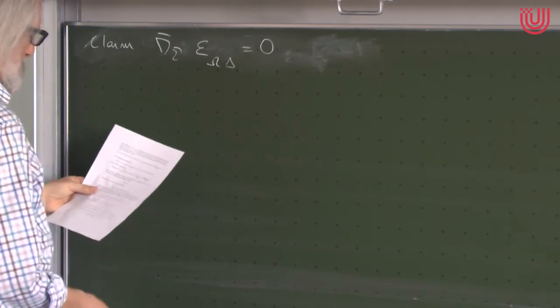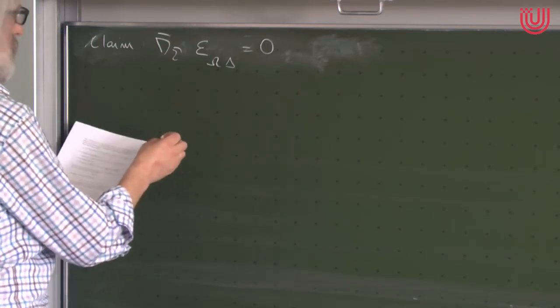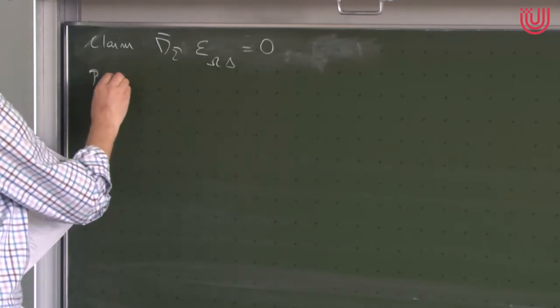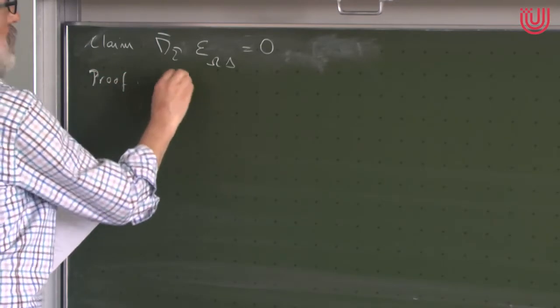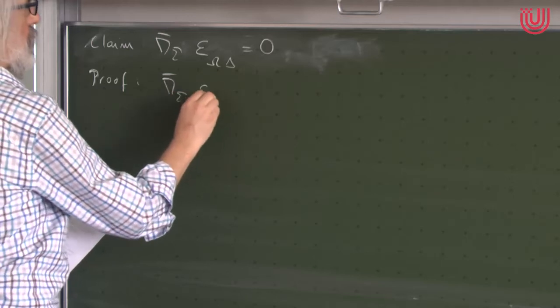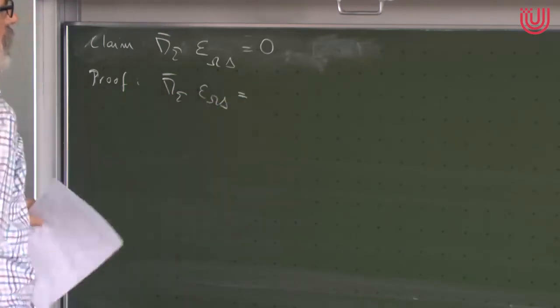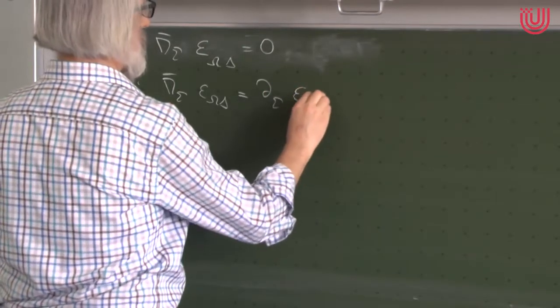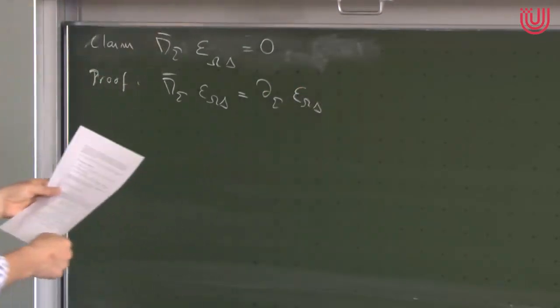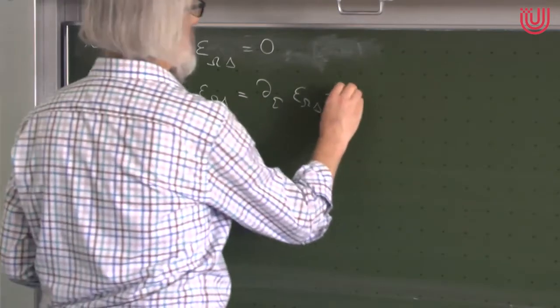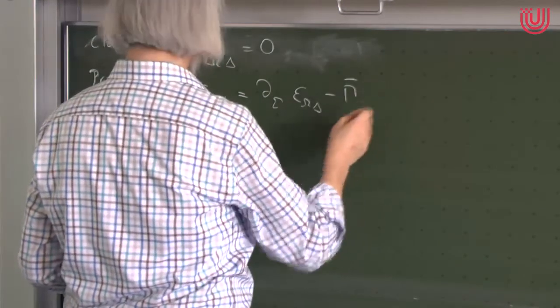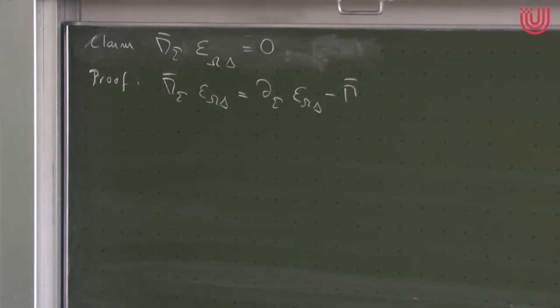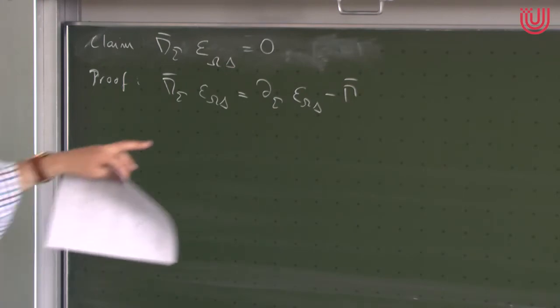So the covariant derivative is what? It is the partial derivative minus, yes, minus gamma bar. What else do we have for indices? What Greek letters are still left?